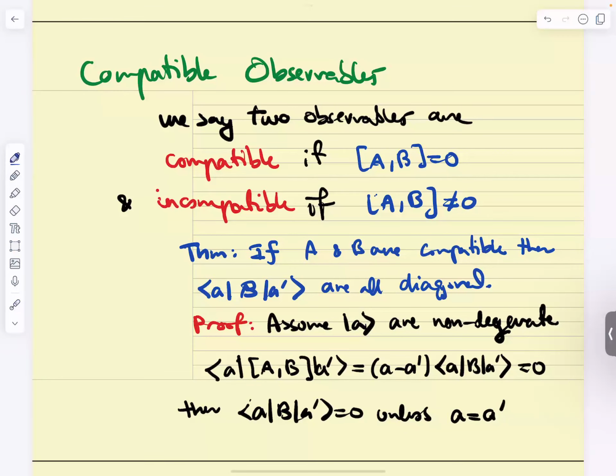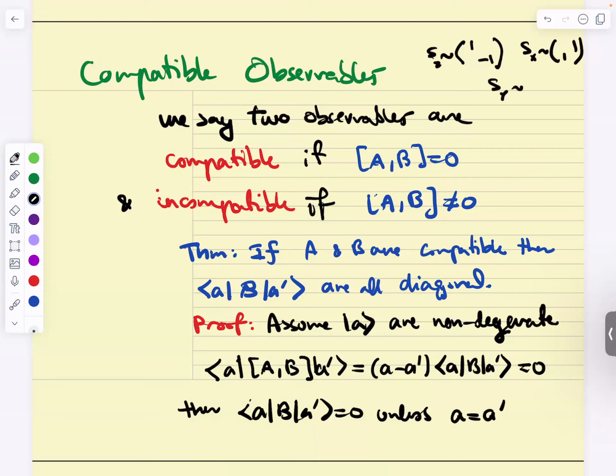These Pauli matrices, you should know them by heart for sure. Here, up to h bar over 2, I'm just suppressing h bar over 2, all right? This is S_z, S_x is this, and S_y is this.